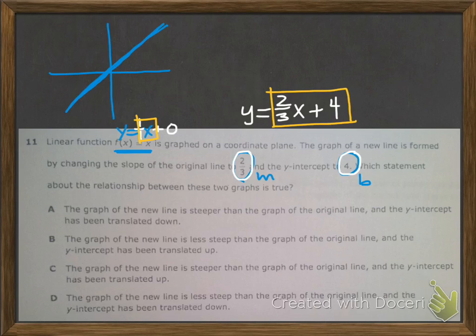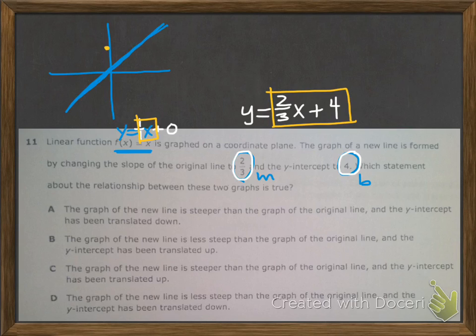And you'll see both equations and you can see how the graphs have changed. My slope, instead of going up 1 over 1, I'm going to go up 2 over 3, and my y-intercept is going to go up to 4.